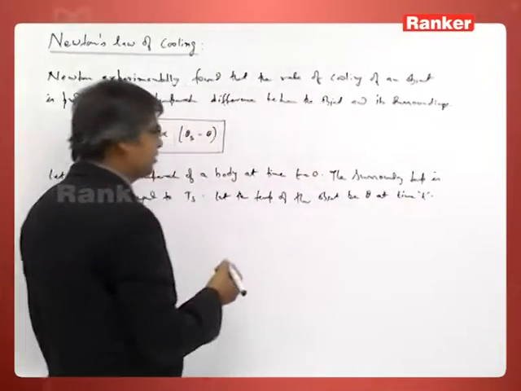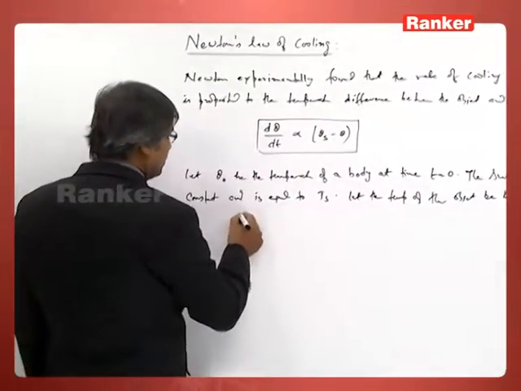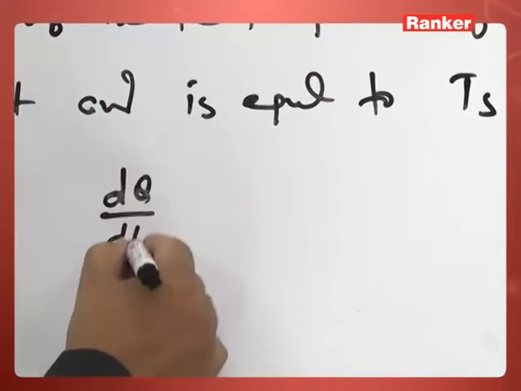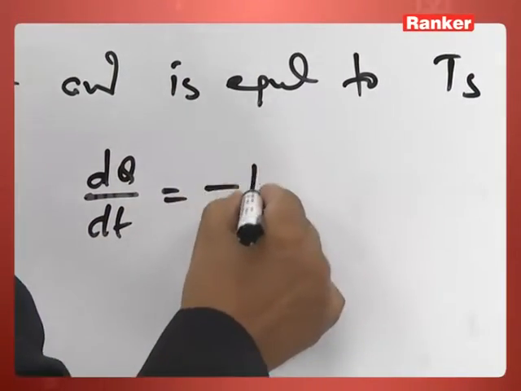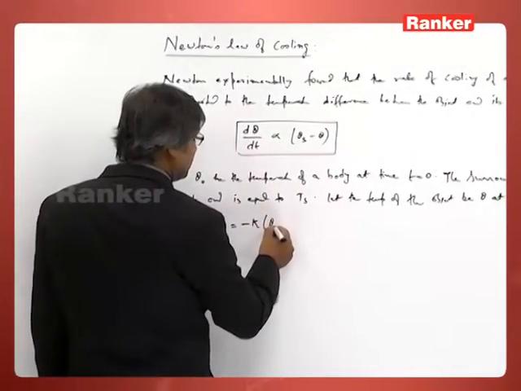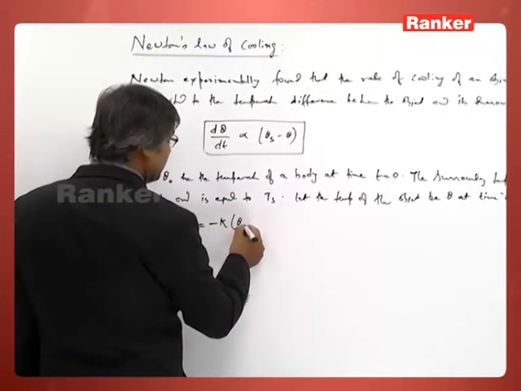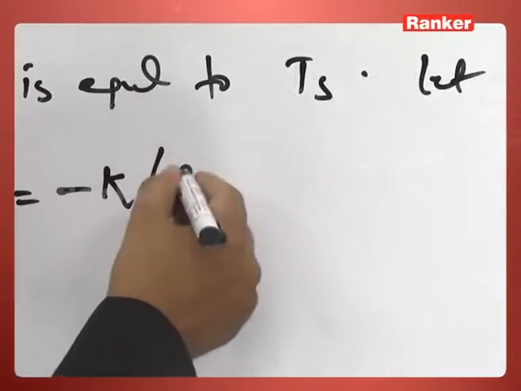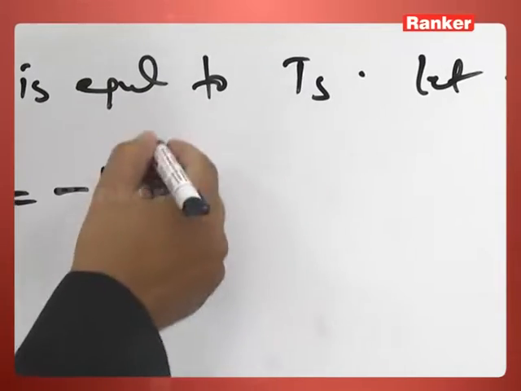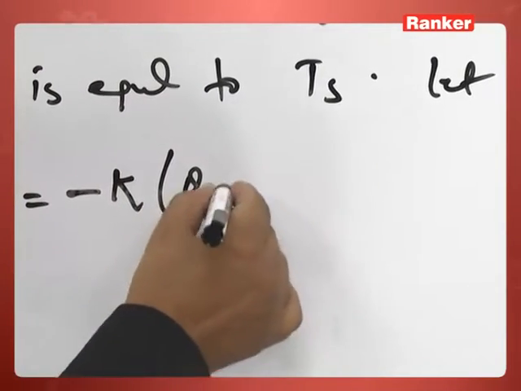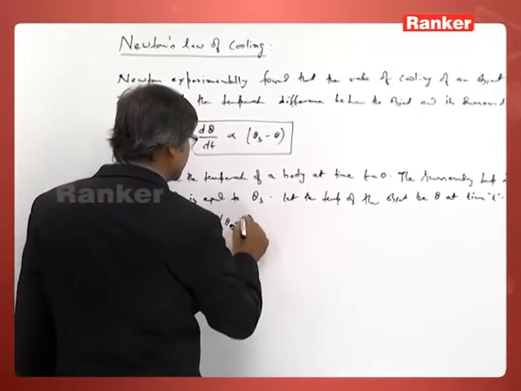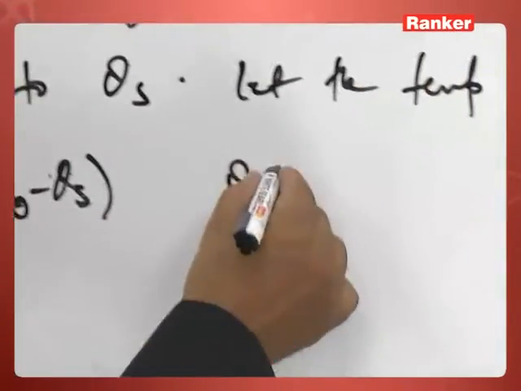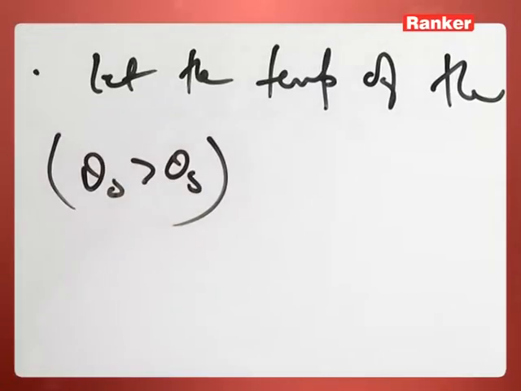So, we have d theta by dt is equal to minus k times the temperature difference with the surroundings, where initially the difference is theta naught minus theta s, and theta naught is greater than theta s.